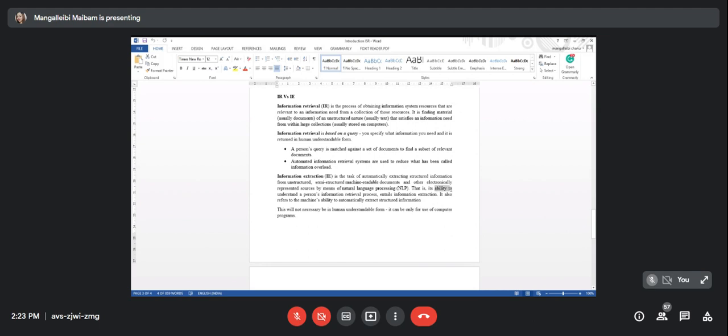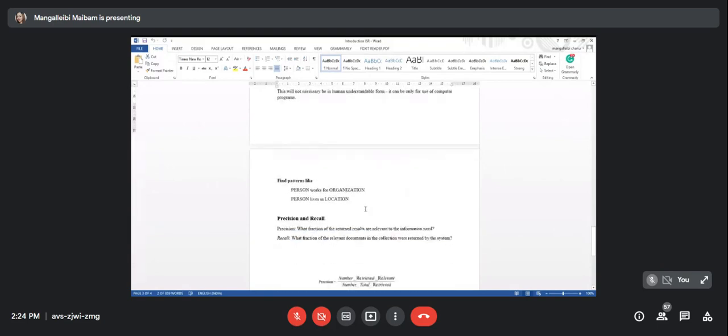Whereas in information retrieval, we are retrieving what the user wants by giving some query and searching for the relevant information from a large collection of resources.